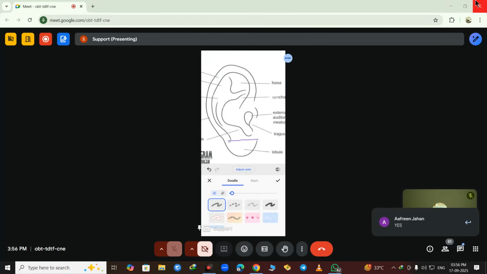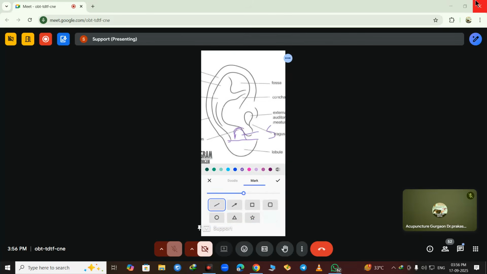So this is your lobe. Above the lobe, this area represents skull. Okay. Now, these two areas represent your organs.